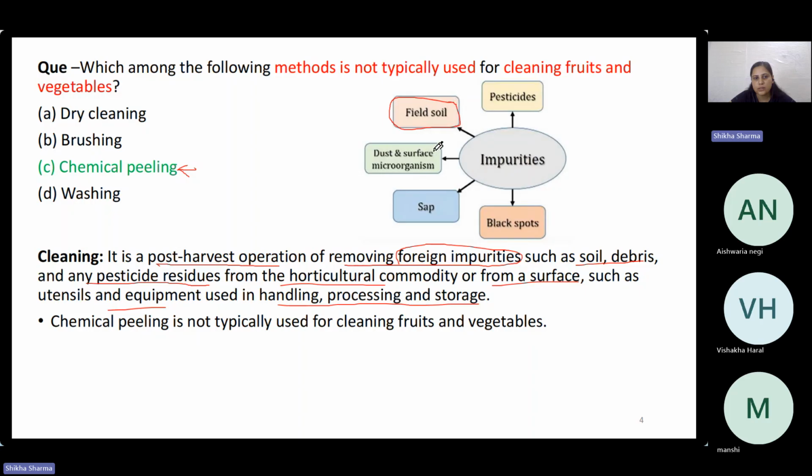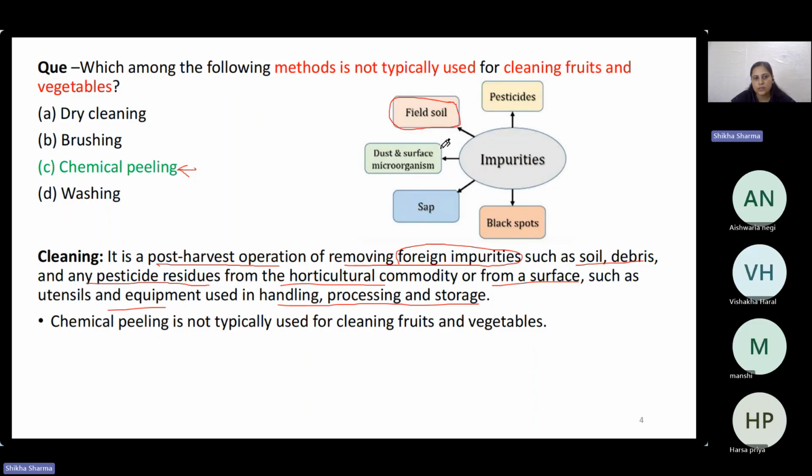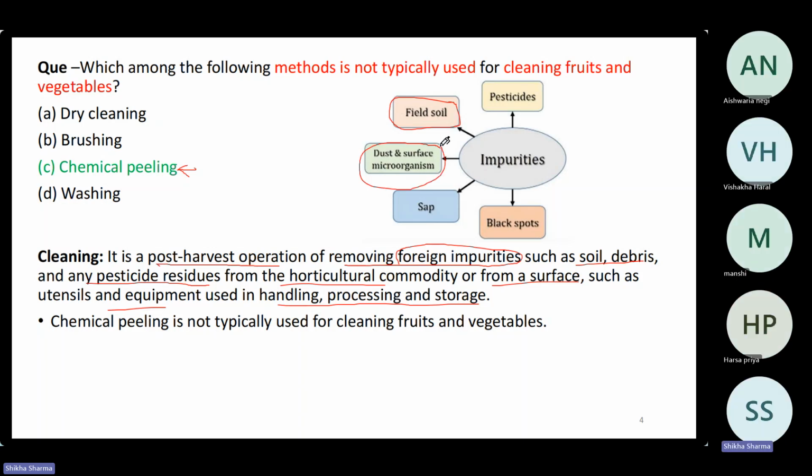When we are harvesting horticultural produce, soil can come with the fruits or vegetables, so we need to remove soil, which is a foreign particle. Dust particles can also come, along with some microorganisms over the surface. By cleaning, we try to reduce this microbial population also.